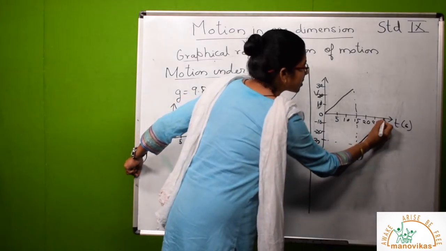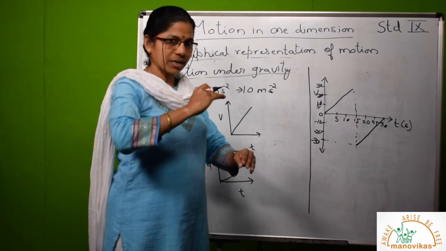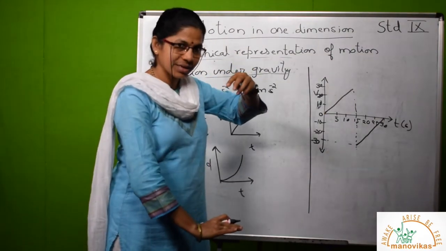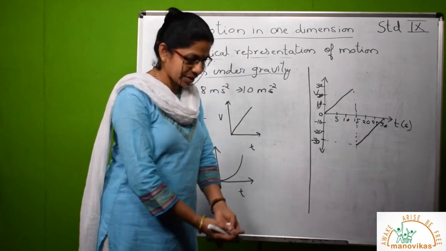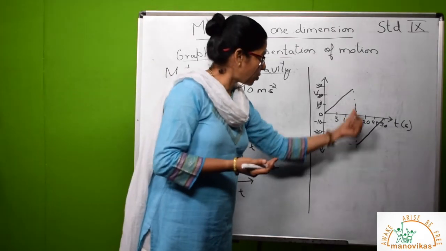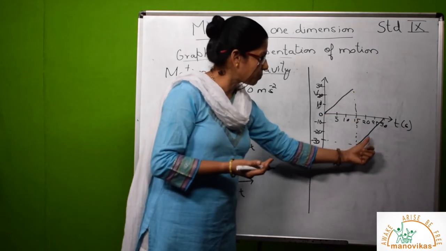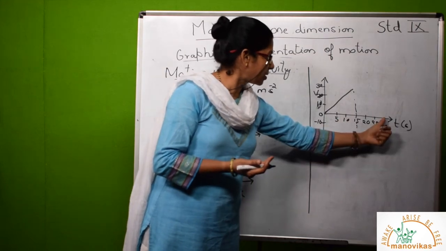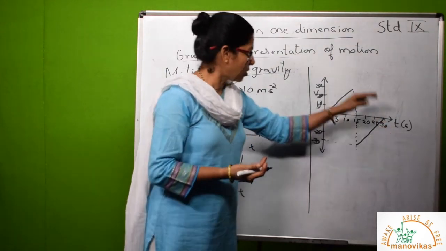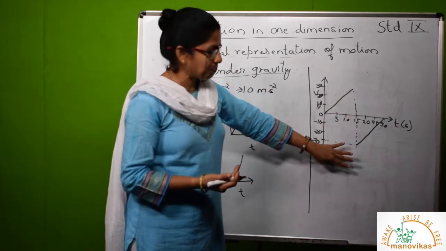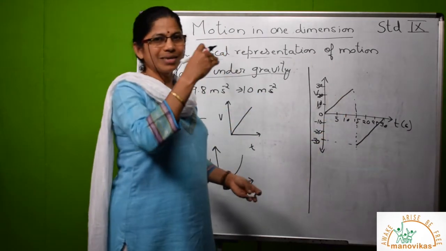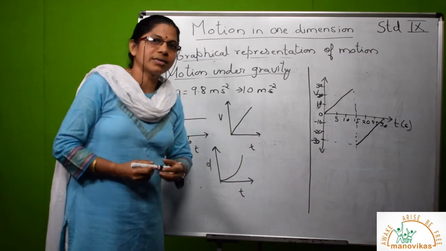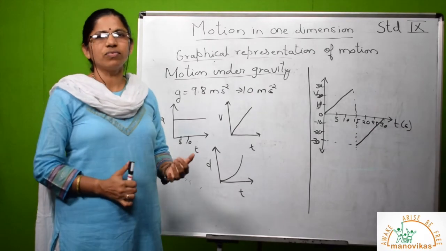After 30 seconds, the velocity will again come to 0. So the ball initially has velocity 0, it is increasing, it reaches its maximum value and then it rises, and eventually the velocity becomes 0. So this is a case where you have a ball which is being released from a certain height. In the next class, I'll be showing you all the equations of motion.